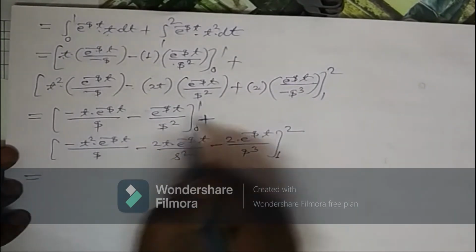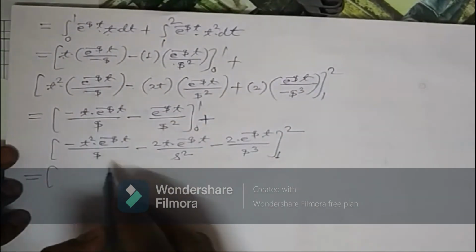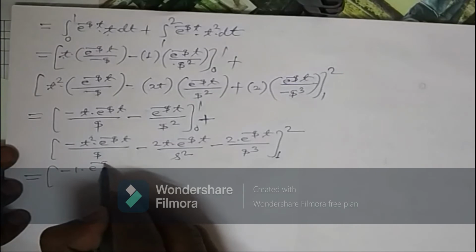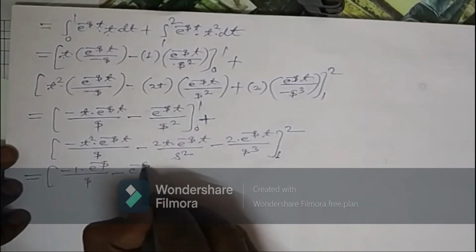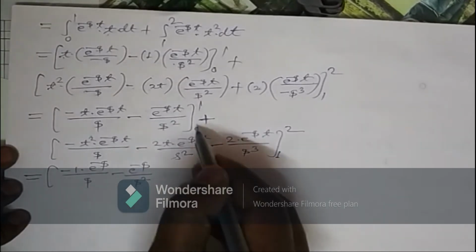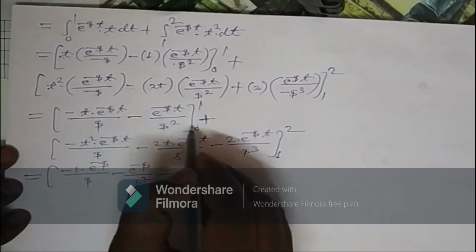Now put upper limit minus lower limit. So here minus 1 e raised to minus s upon s, minus e raised to minus s upon s square, this is upper limit minus lower limit.